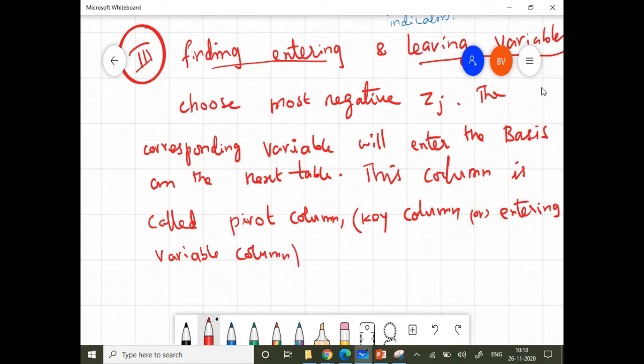Key column, pivot column, entering variable column, all are the same, isn't it?